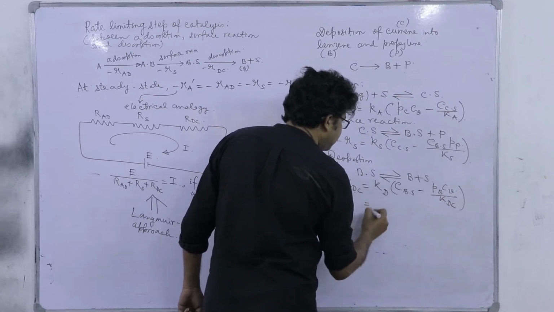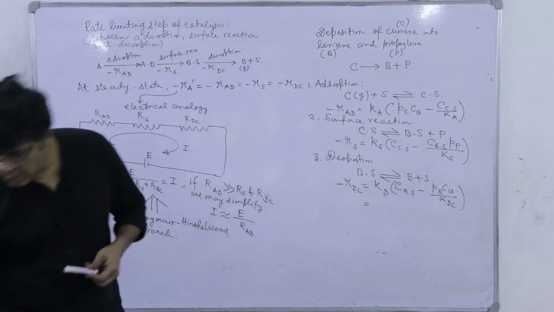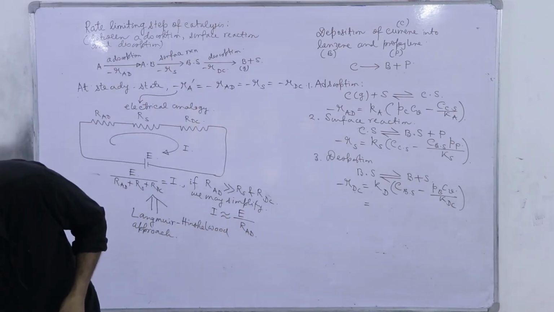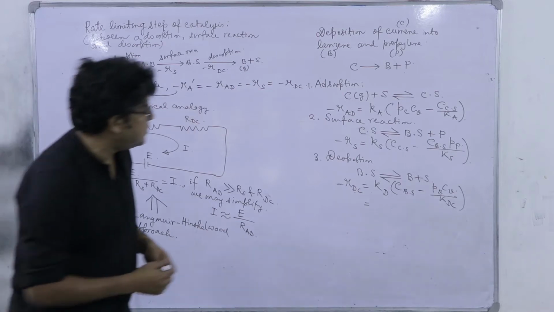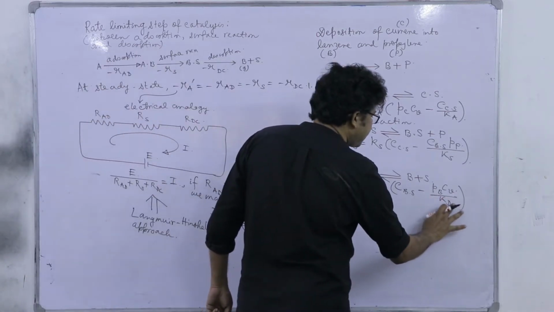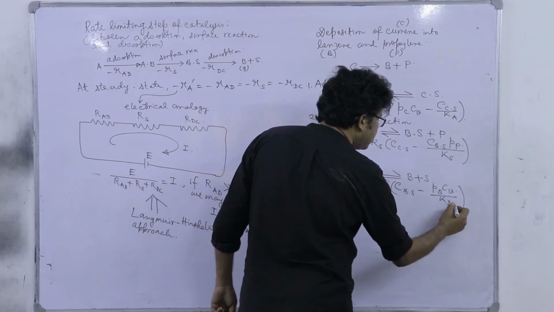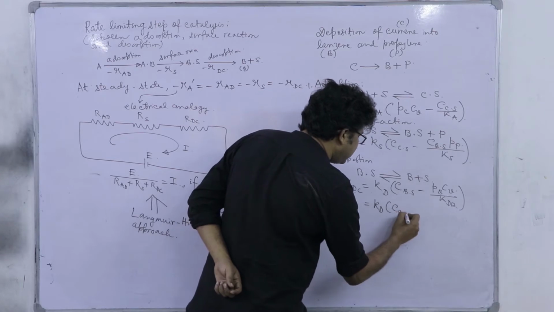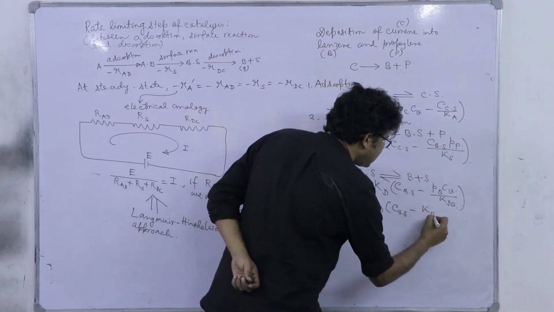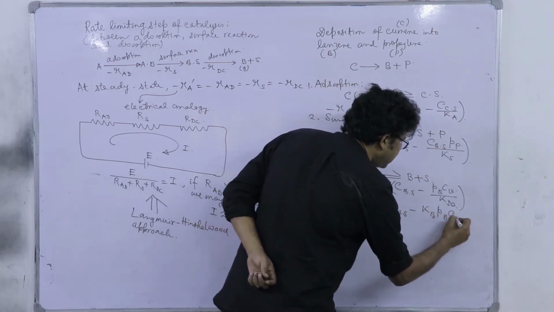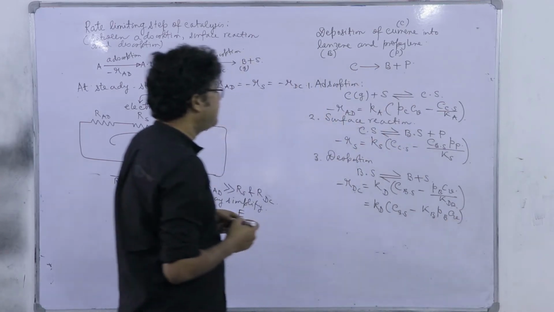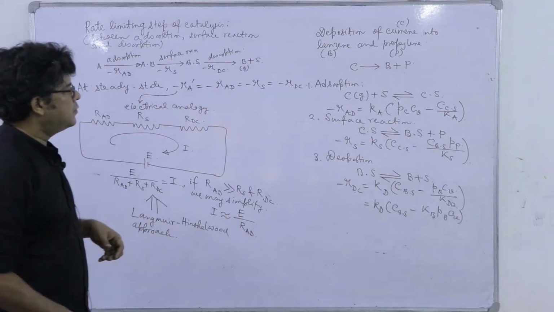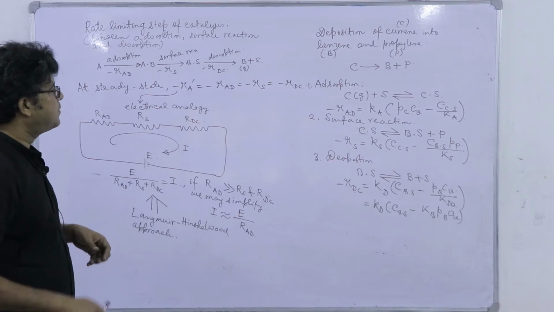Now, Kdc, the desorption equilibrium constant, can be written as Kdb. And this is Kd Cb dot S, Kb into Pb into Cv. Right. So, these are the individual rate expressions.